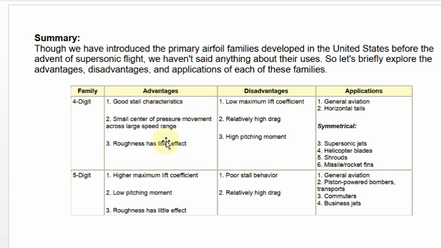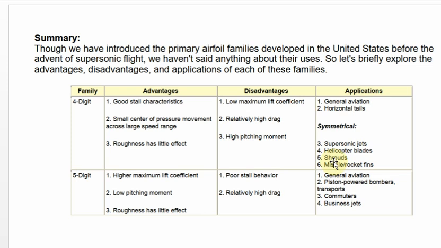Here I am giving some idea in the form of a tabular column. If you are choosing a 4 digit aerofoil, some advantages will be there, similarly some disadvantages. You have to consider the advantages against your requirement. Similarly, some previously applied applications will also be given here.